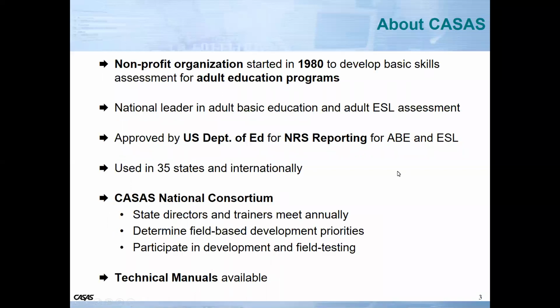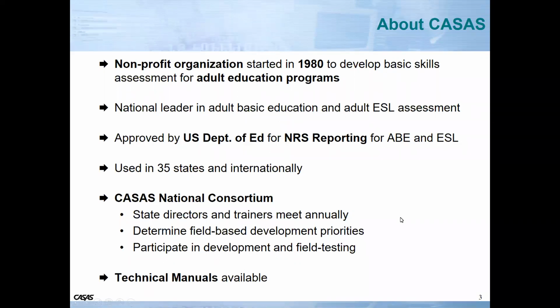So just a few things about CASAS. We are a nonprofit organization. We've been around for a long time. We consider ourselves to be a national leader in adult basic ed and adult secondary as well, and adult ESL. We have tests that are approved by the U.S. Department of Ed, as I mentioned.